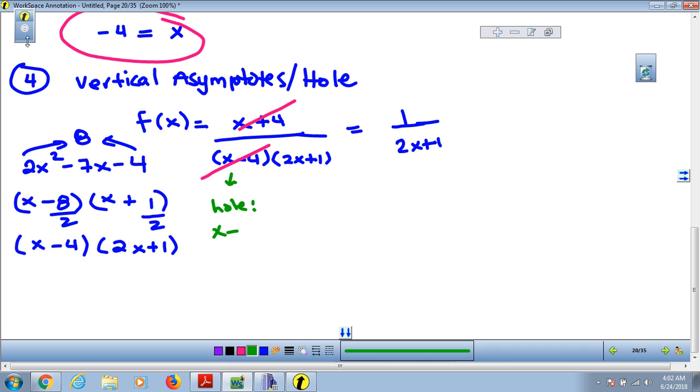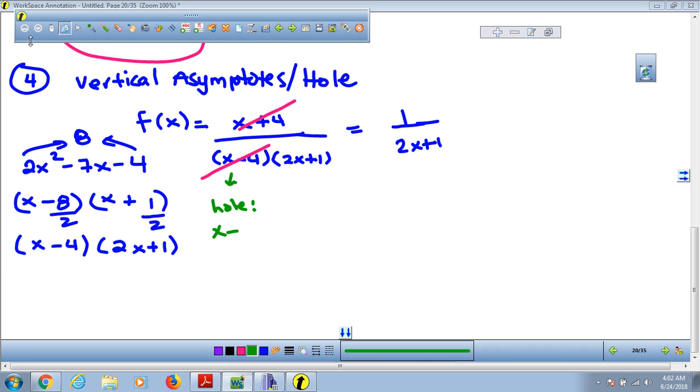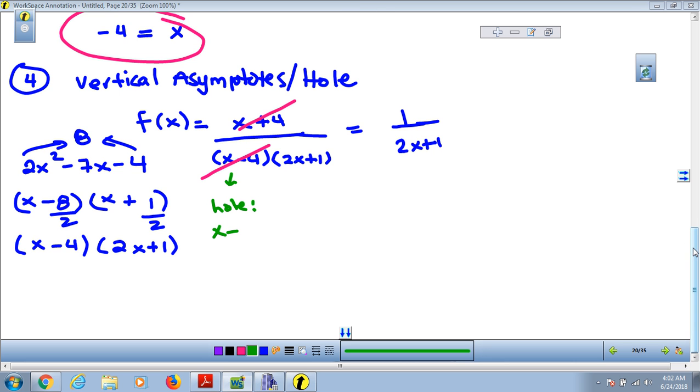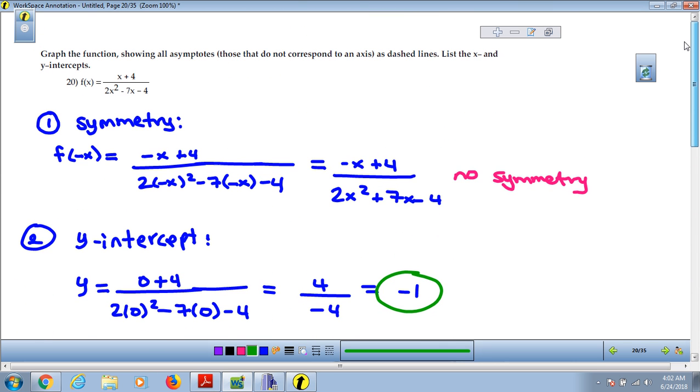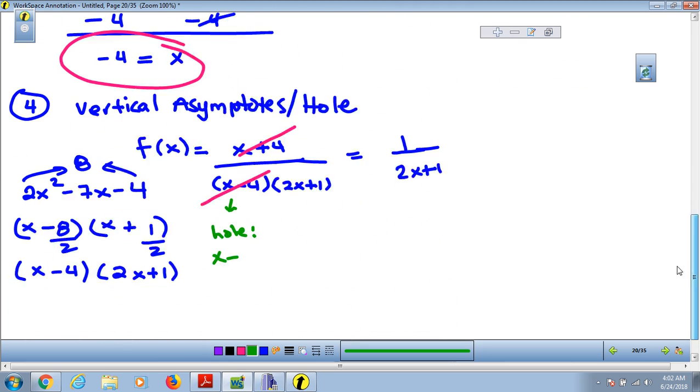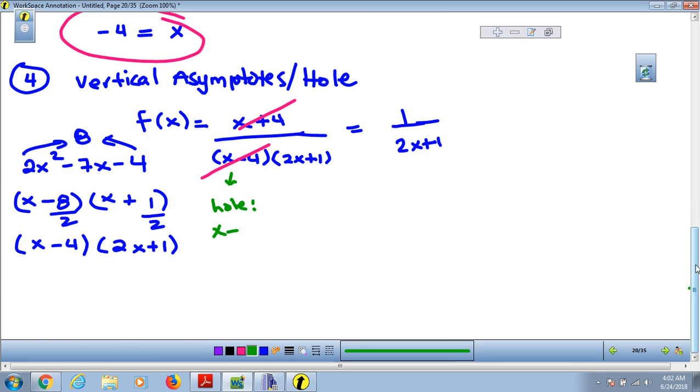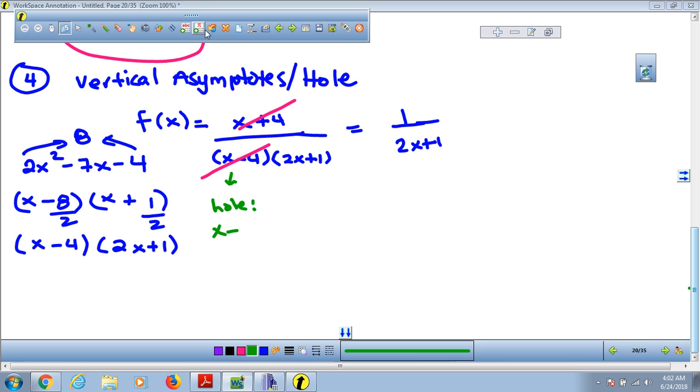Wait a minute. One was plus and one was minus. Let me see. Did I copy the signs correctly? Yes. Okay, so never mind. They're not the same. Just realized they're not the same. Sorry.